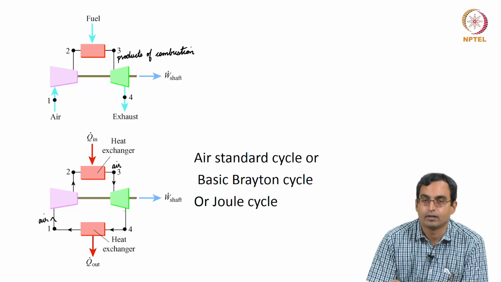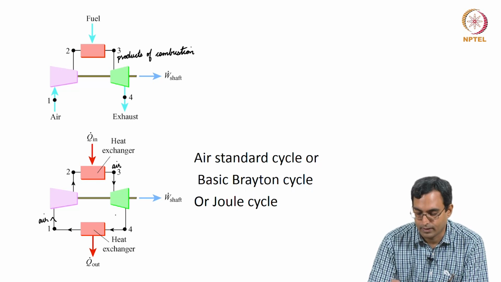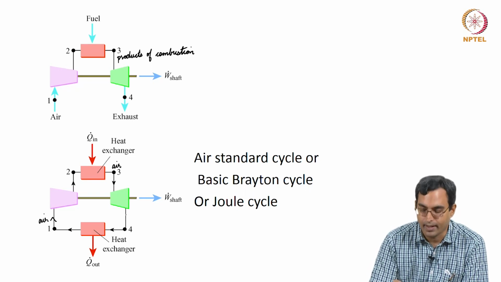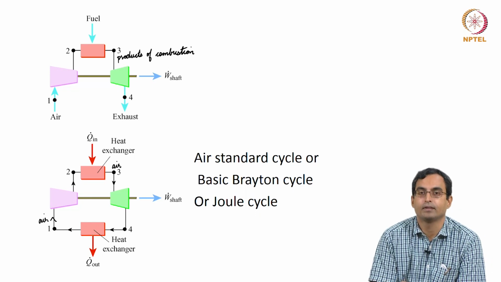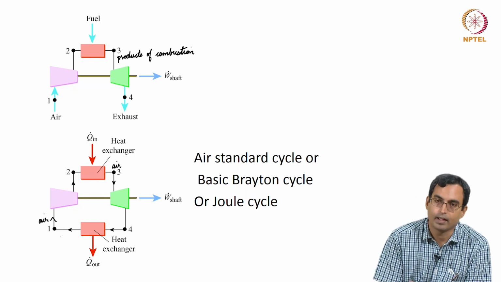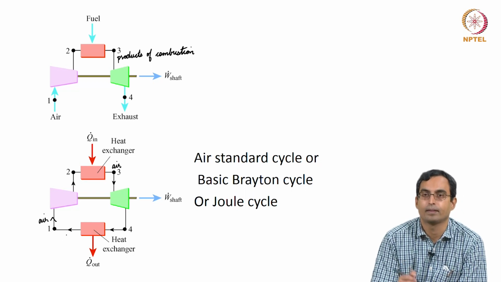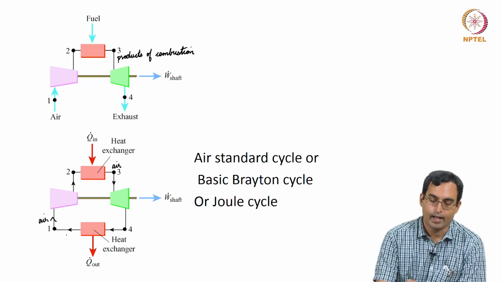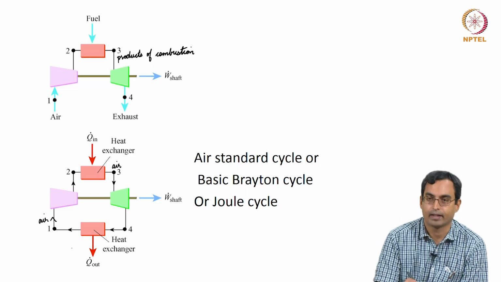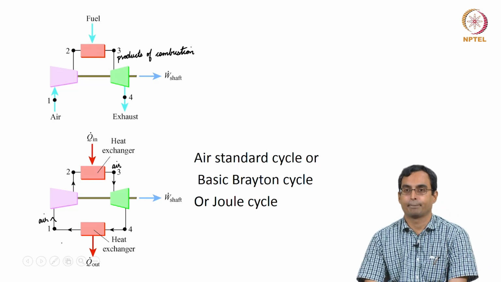This low pressure, relatively low temperature air is now sent to a heat exchanger where we reject heat and it becomes lower in temperature. The pressure remains the same ideally in process 4 to 1, but the temperature further drops and we are left at point 1 and we can do this in a cyclic fashion again.